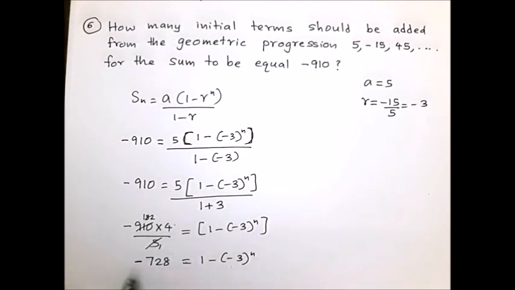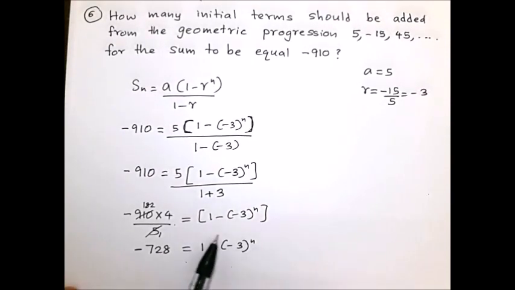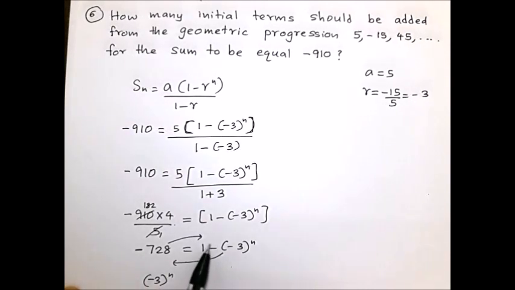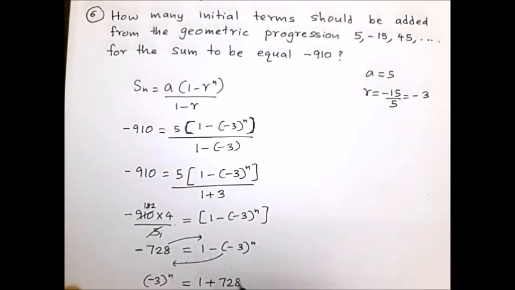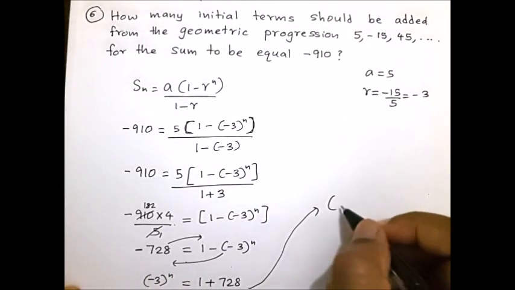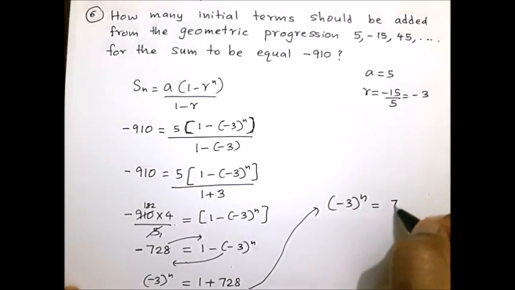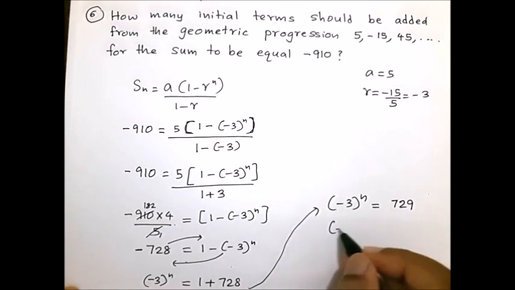Now I am going to change the sides. Here this is a negative term. Take it into the left side and take 728 into the right hand side. Minus 3 to the power n. Here this minus sign becomes plus. And here this minus sign becomes plus. 1 plus 728, minus 3 to the power n. 1 plus 728, it is 729.